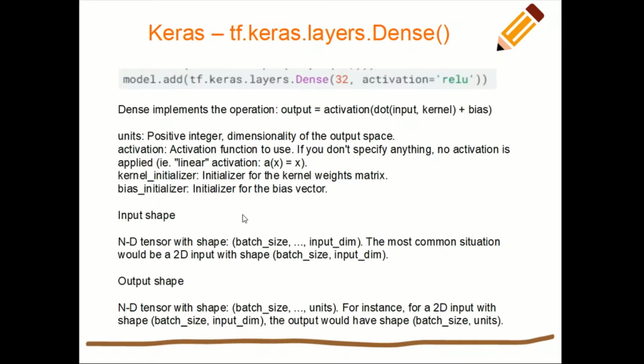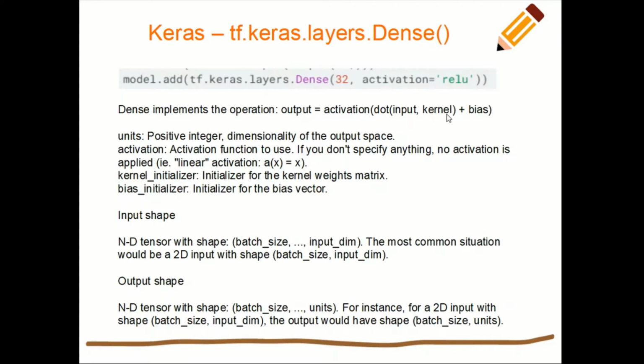The fourth layer, which is a very important layer to understand, is the dense layer. So what is the output of the dense layer? The dense layer is a matrix dot product of the input and the kernel, that is the matrix of weights.